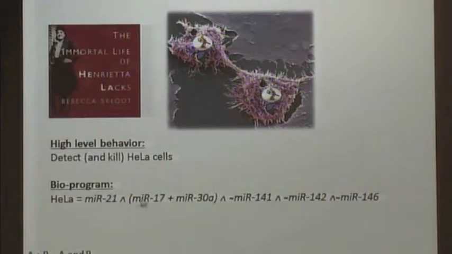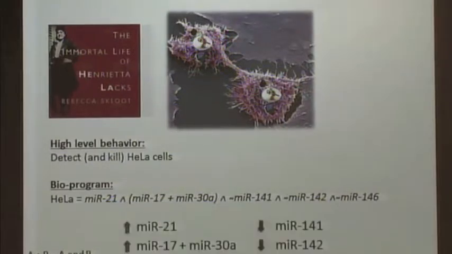Okay, so again, this notion of ugliness pervades this, but you'll have to forgive me for that. But this is a simple bioprogram. Okay, this basically just says these microRNAs have to be high. The ones on the bottom, on the left, have to be high. These have to be low. If that's the case, that's a HeLa cell, and it's not a healthy cell.